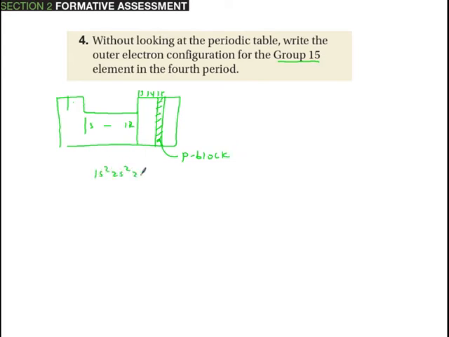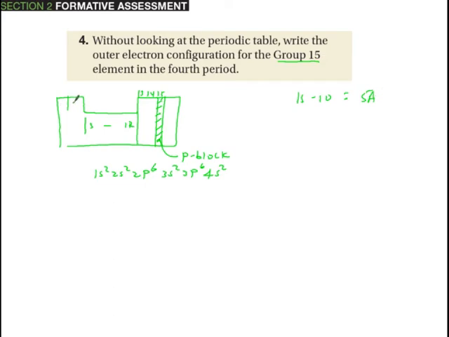1s2, 2s2, 2p6, 3s2, 3p6, 4s2. Group 15 means the valence shell will have 5 electrons, which is group 5A.